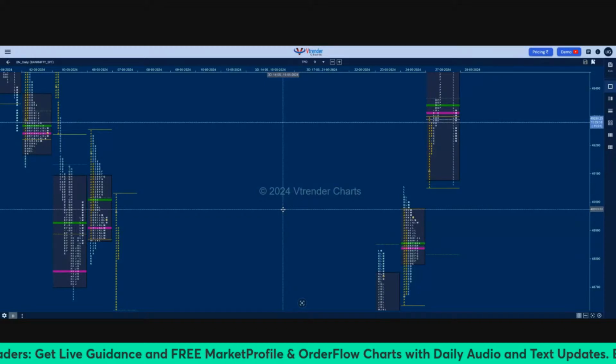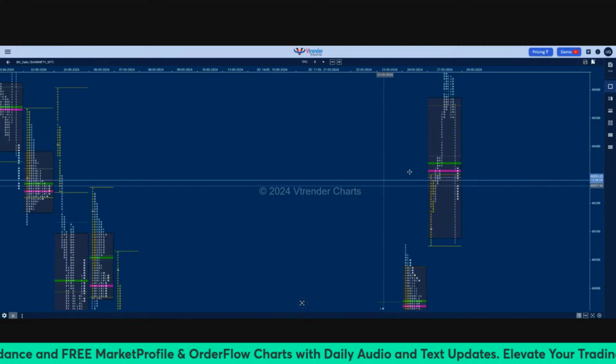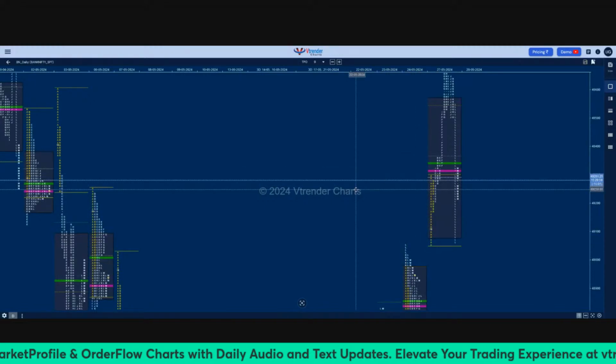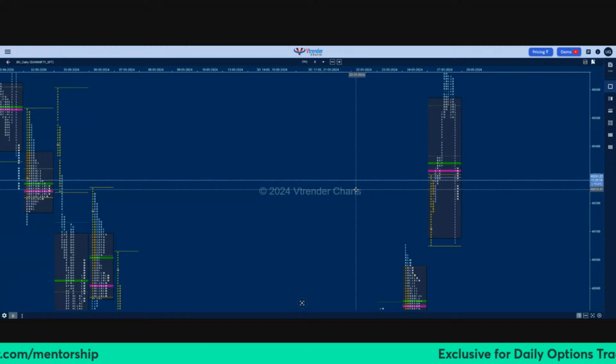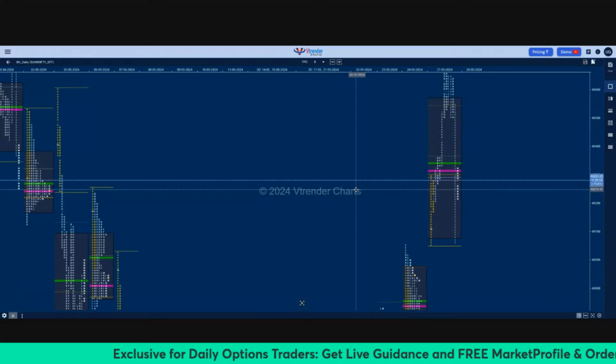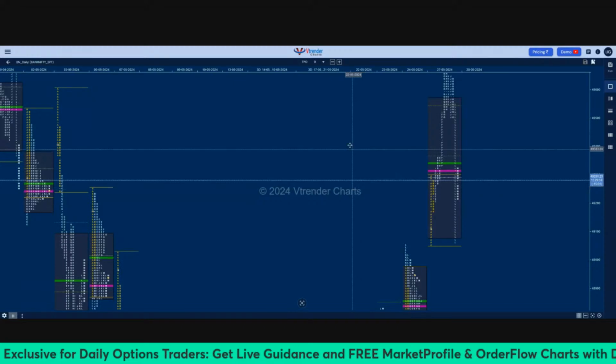Today's move was not a failed auction because we remained above the IBH for a good amount of time. Failed auction happens only when the sustaining, time wise and range wise, is not huge. So half an hour, 30 minutes is the time which we give. If it remains for less than 30 minutes outside the initial balance and then breaks the other end, only then we have a failed auction.